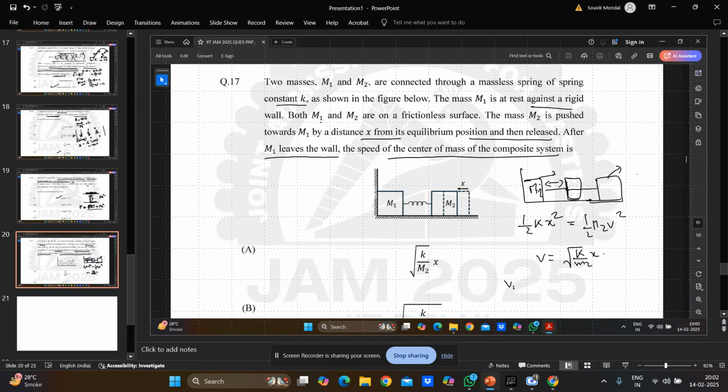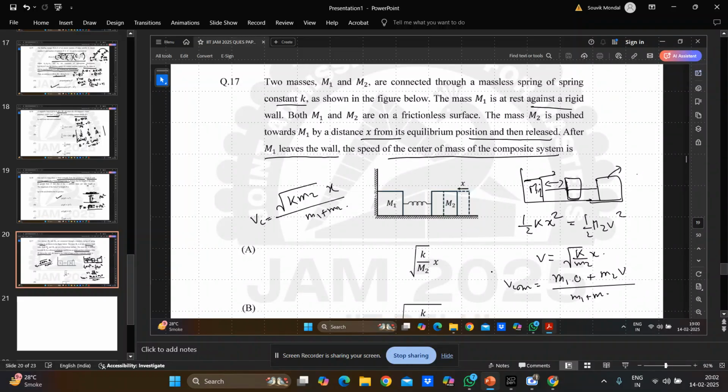What is the center of mass velocity at this moment? m1 still has zero velocity, so it is m2 into v divided by m1 plus m2. So it is root under k m2 into x divided by m1 plus m2.